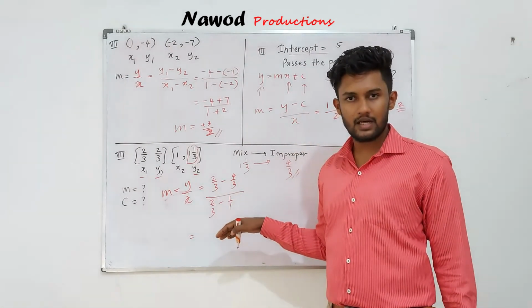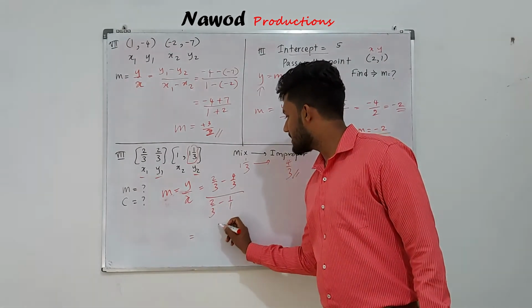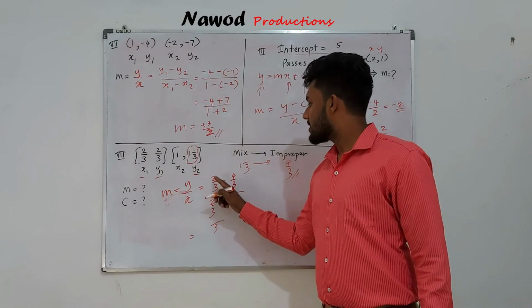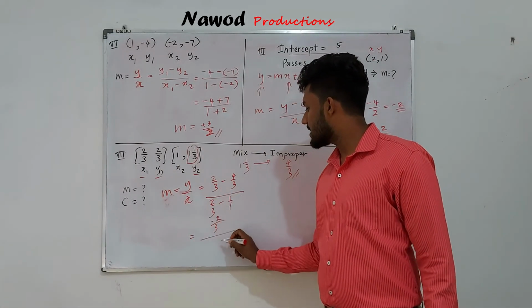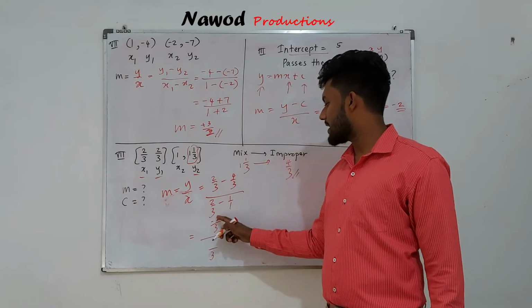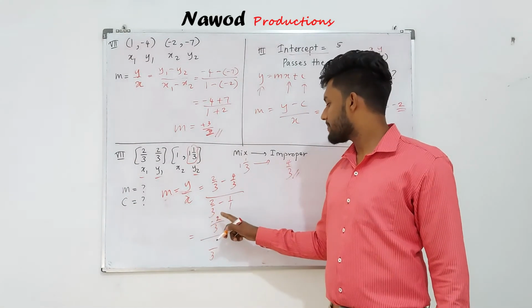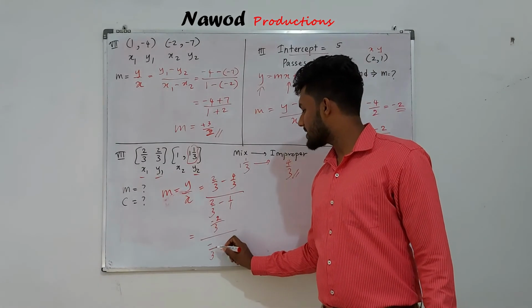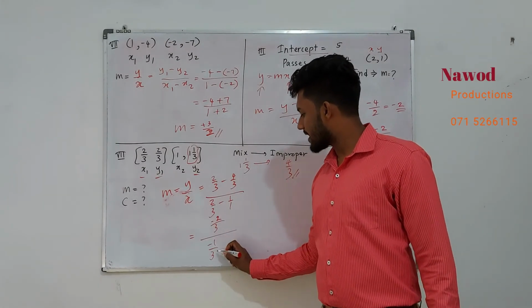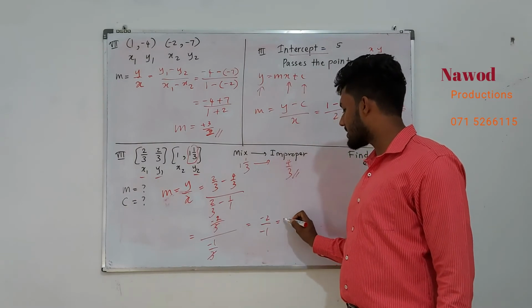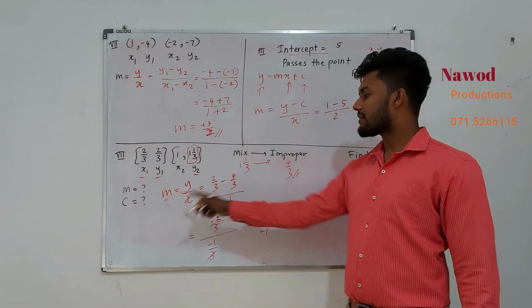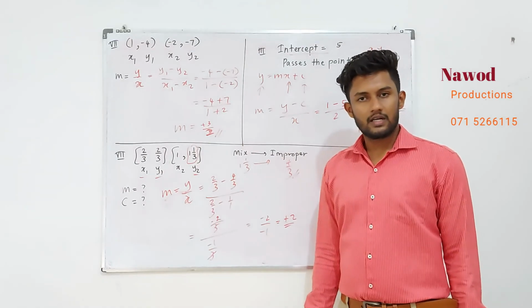Here 2 minus 4 is minus 2, and 3 is the common denominator. You can obtain minus 1, then the 3s cancel. Minus 2 divided by minus 1 gives plus 2, the gradient of this line.